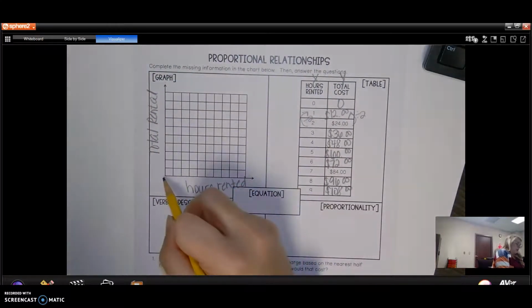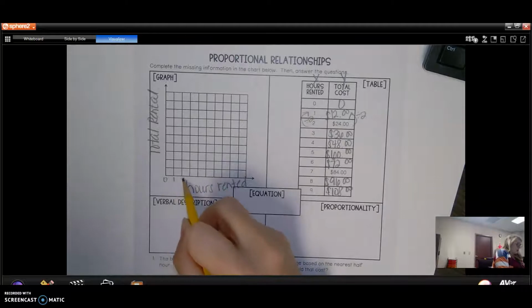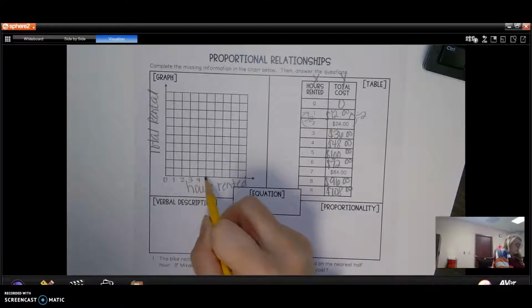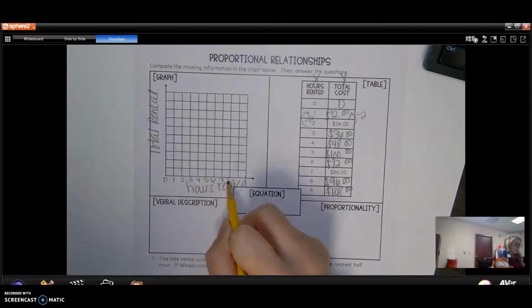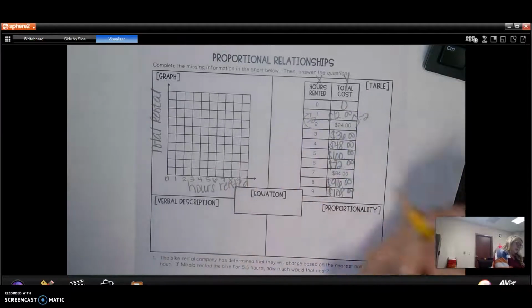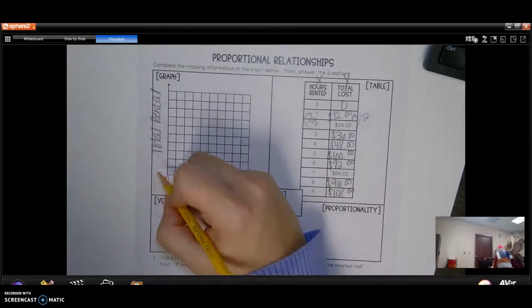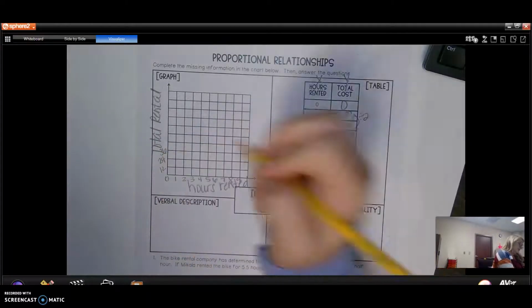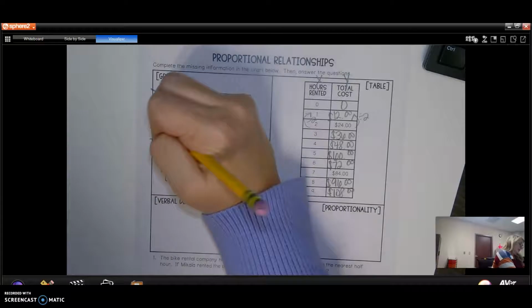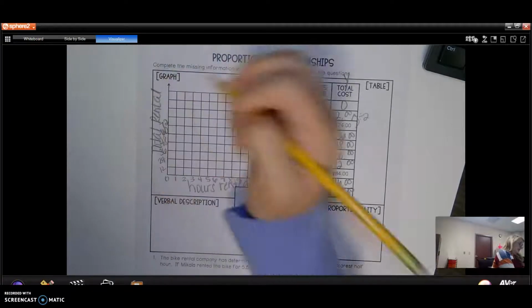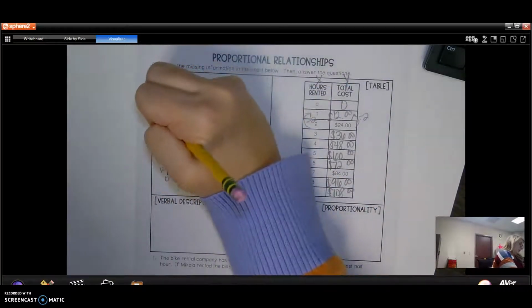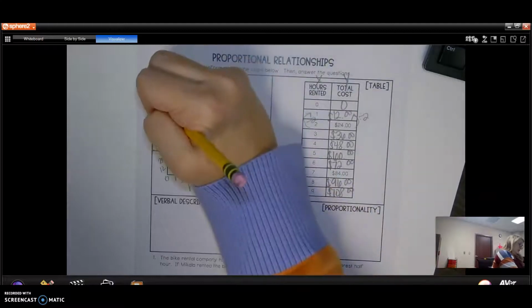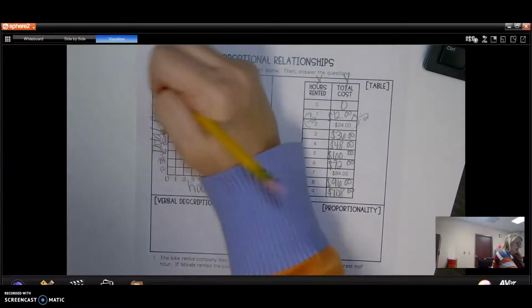So we would go 0, 1, 2, 3, 4, 5, 6, 7, 8, 9, and then we could go 12, 24, 36, 48, 60, 72, 84, 96, 108.